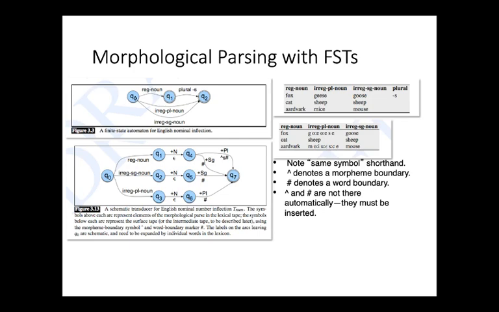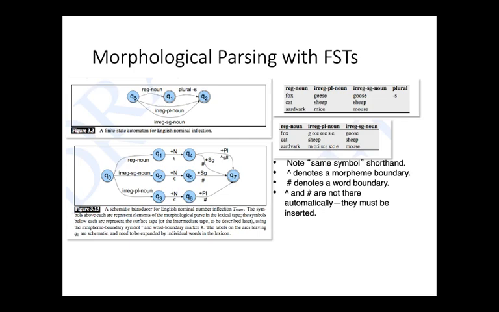If you want to analyze nouns, then you can use an FST like figure 3.13, where you have regular nouns, and they get a plus n substituted for the empty string, and then either plus singular substituted for the word boundary, the end of word symbol, or plus plural substituted for the plural morpheme, morpheme boundary S, end of word symbol.